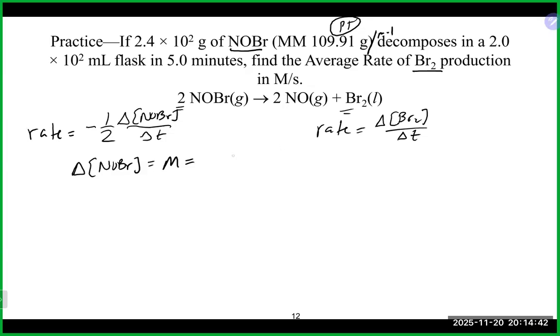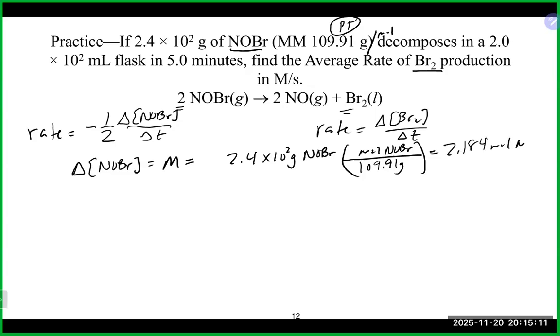I'm going to take my 2.4 times 10 to the 2 grams of NOBr and use the molar mass they nicely gave me, 109.91 grams per mole. 2.4 times 10 to the 2 divided by 109.91 gives me 2.184 moles of NOBr.